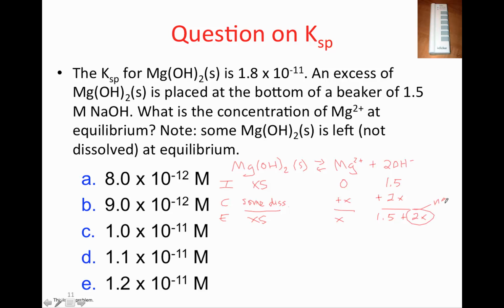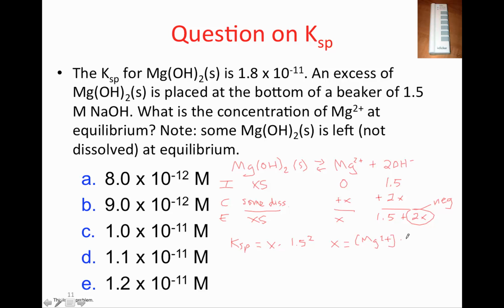I am betting that with this huge concentration of hydroxide ion, the solubility of the magnesium is going to be so low that x should be tiny. So I have KSP for magnesium hydroxide equal to x times (1.5) squared, and x is the concentration of magnesium. We should be able to solve that.